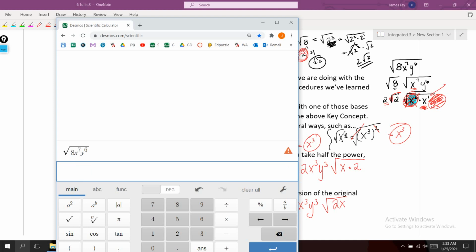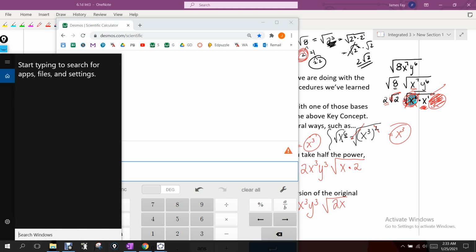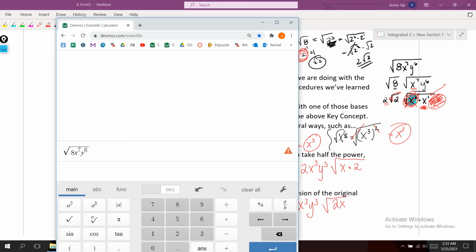Okay, obviously it doesn't right now give me any numerical representation, because I don't have x and y defined. But I'm going to jump down to the next line. I'm going to type in what I think my simplified version should look like: 2x to the third, y to the third, times the square root of 2x.